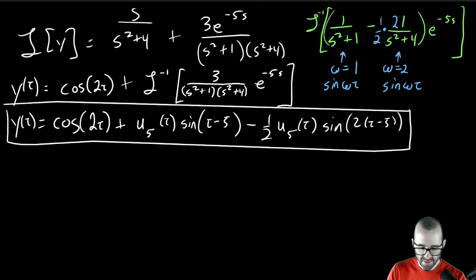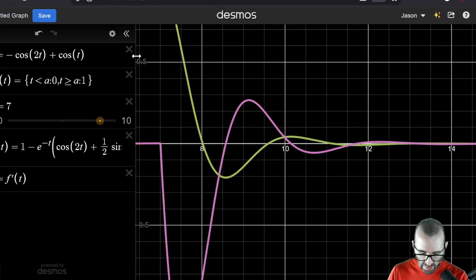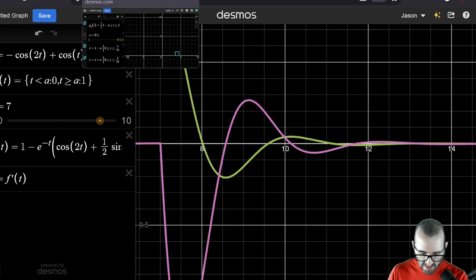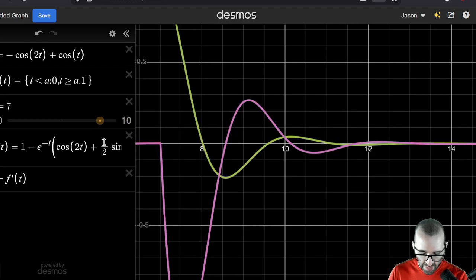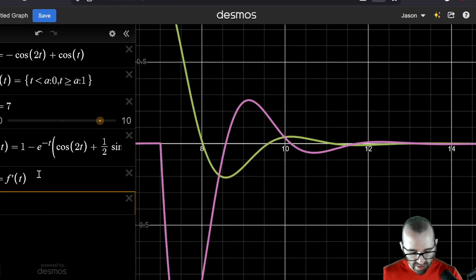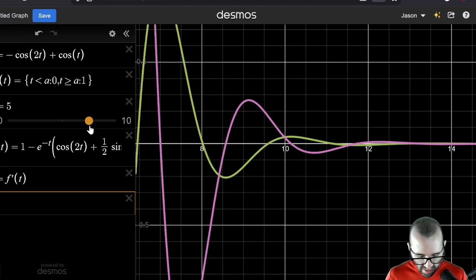Let's plot the function. I think I have this somewhere. Starting with a cosine of 2t. Not this one. Is it this one? No. All right, we haven't graphed it. Well, we can graph it. All right, so a is 5 here.